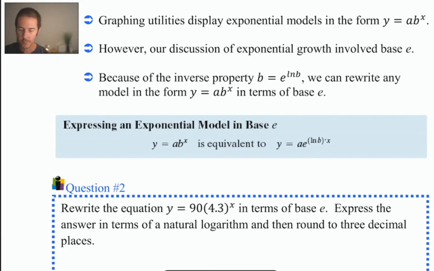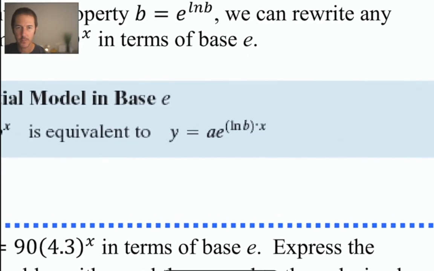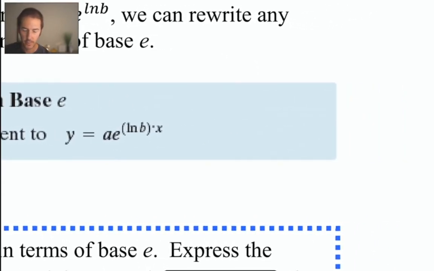I'll tell you very briefly, for those of you who might want to know this information, it's not necessary, you don't have to write this down, but give it a look with me. This is equivalent to a times e to the power of the natural log of b, all to the power of x. Because when you have a thing to a power, that's the power rule for exponents, you can multiply the exponents together. And if you took x and multiplied it by the natural log of b, it would look like this. Now remember also that e and natural log can be thought to cancel each other out.